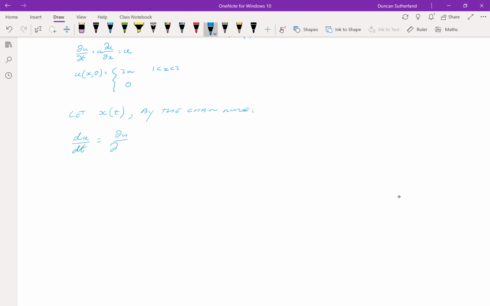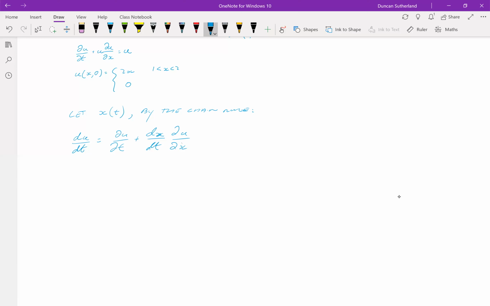du/dt equals du/dt plus dx/dt du/dx, so that's the rate of change of u with respect to t as a total derivative along the characteristics.